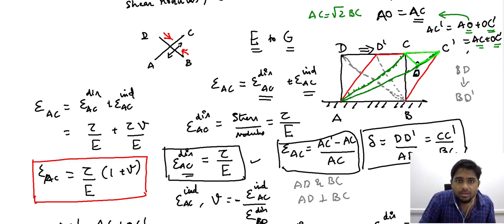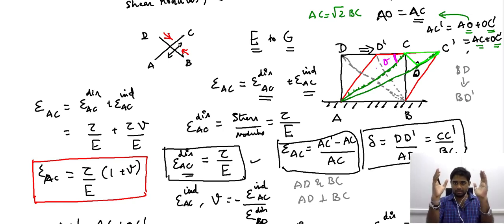Now when you consider the original sample, that is A, B, C, D, the angle in this region can be treated as theta, which is equal to 45 degrees. We have a regular square, and in that square we have a diagonal.